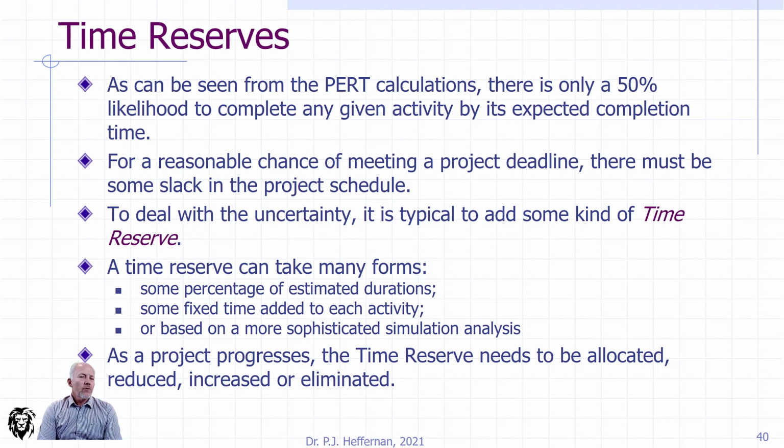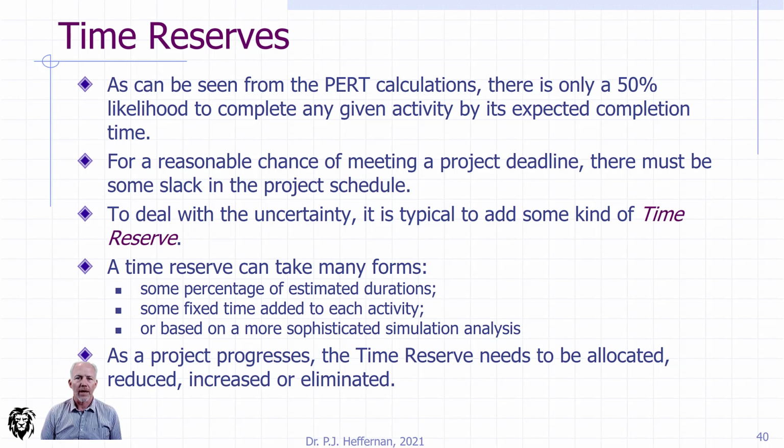So, time reserves. We already know, based on PERT, that every activity has a 50% likelihood that it will go late and a 50% likelihood that it'll finish early. That's the two sides of the probability distribution, either side of the expected time. Based on that, even though some might cancel out others, we can reasonably expect that for our project schedule to work at all, we have to have some kind of a time reserve.